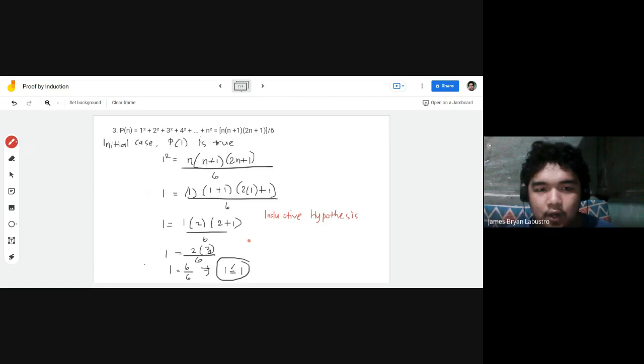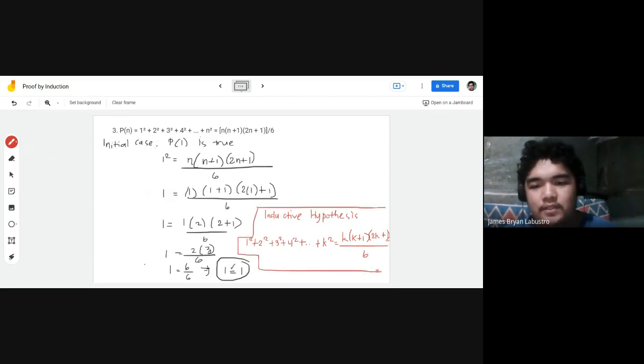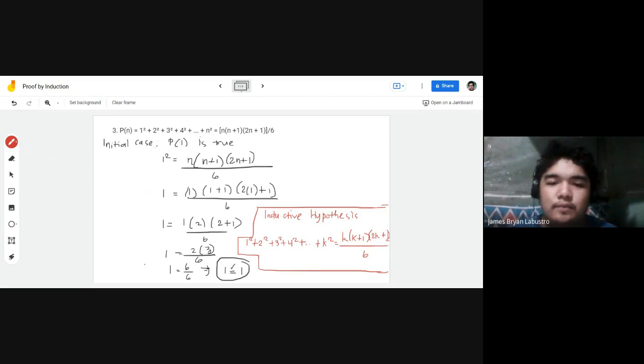We have 1 squared plus 2 squared plus 3 squared plus 4 squared plus and so on, plus k squared equal to k times k plus 1 times 2k plus 1 all over 6. So this would be your inductive hypothesis.